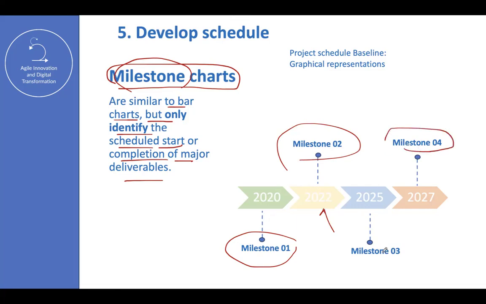Milestone number 4, we're going to start turnpike construction. Milestone number 1, the first 100 kilometers will be ready in 2020. Getting into New York will be ready in 2022. You see, it's too long. This is another type of chart that you can use to represent the schedule baseline of a project. Those are types of charts.